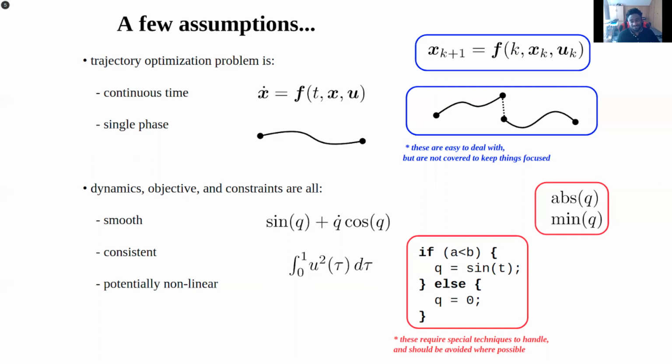For such situations, stepping on the floor is a jump from one trajectory to another trajectory, or from one state space to another. There are ways to solve those problems, but in this slide we're going to focus on continuous time single phase systems. Those other systems are called multi-phase systems because there are different phases: one phase could be the robot's leg is in the air, and another phase could be the robot's leg is on the floor. But we only assume single phase systems here.